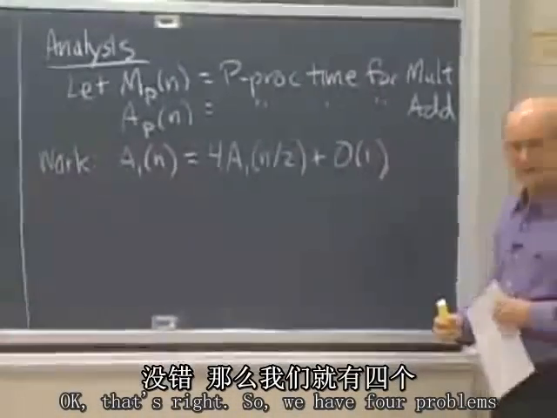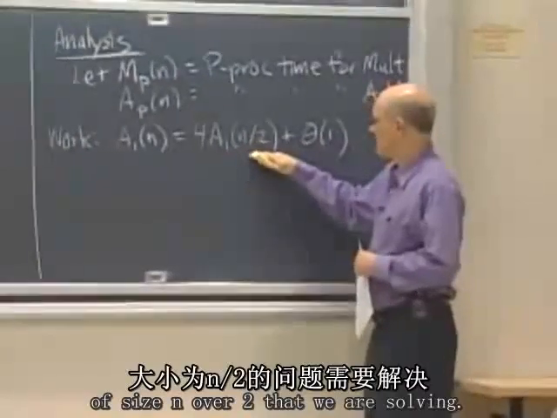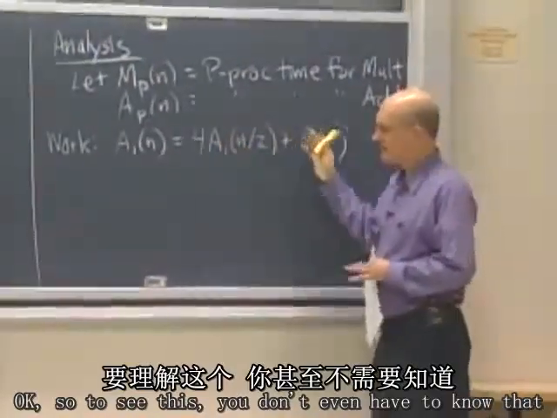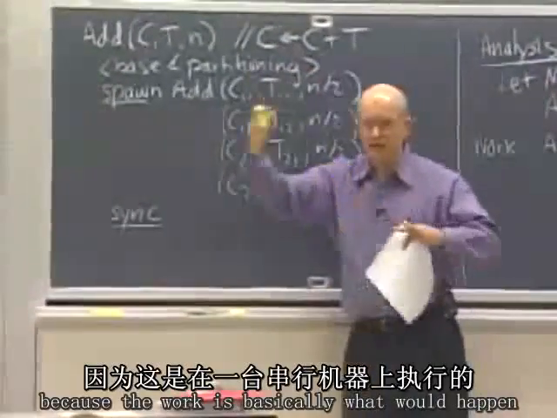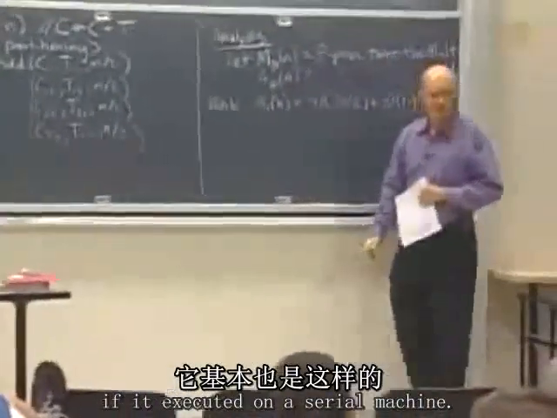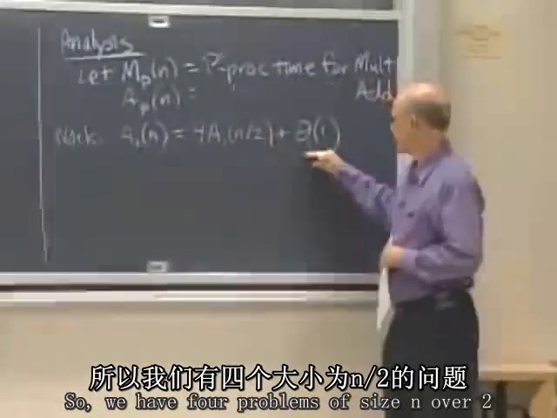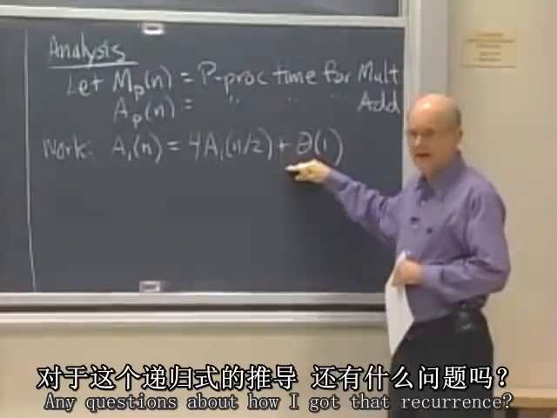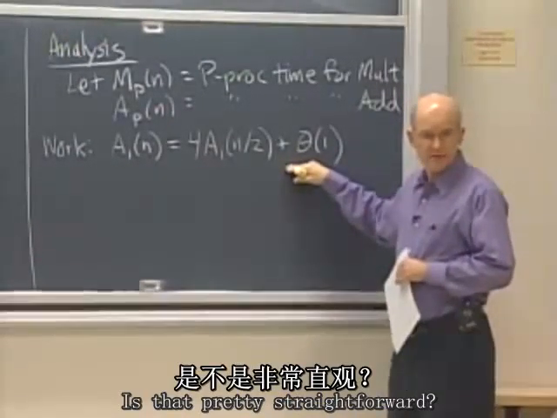Okay, so we have 4 problems of size n over 2 that we're solving. Okay, so to see this, you don't even have to know that we're doing this in parallel, because the work is basically what would happen if it executed on a serial machine. So we have 4 problems of size n over 2 plus order 1 is the total work. Any questions about how I got that recurrence? Is that pretty straightforward?